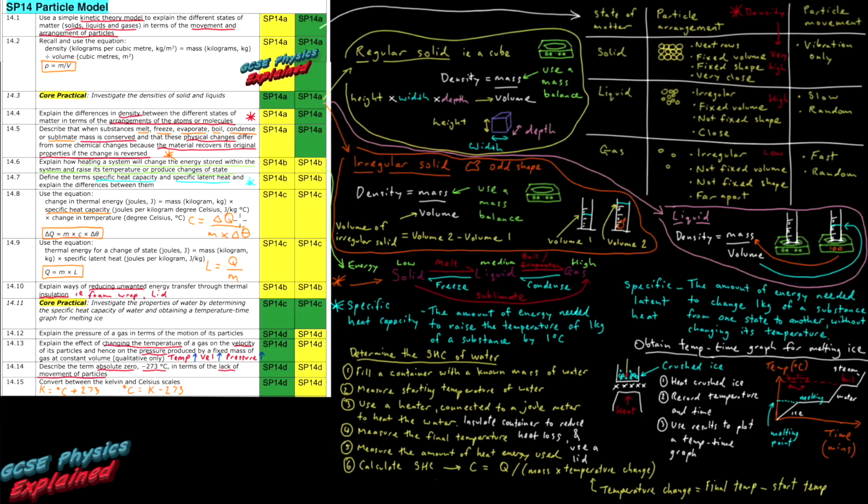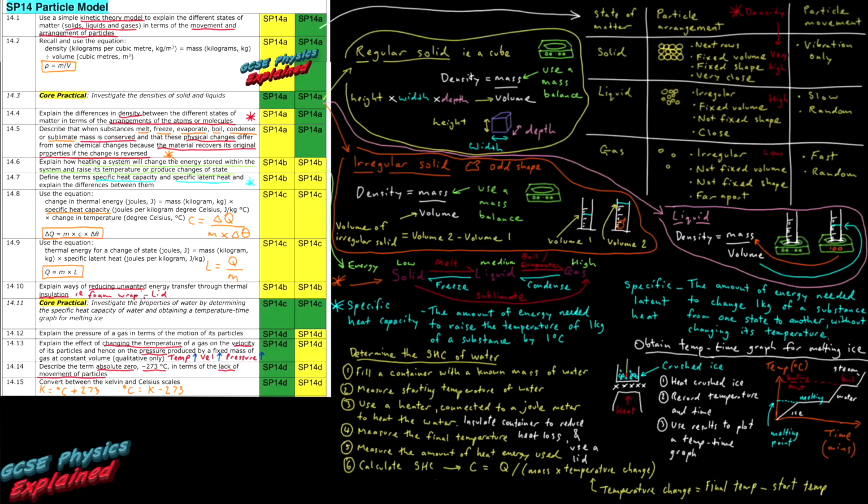So if you know how much energy you're putting into a liquid or a solid, and you know the mass of the liquid or solid and how much it's changed its temperature by, then you'll be able to work out what the specific heat capacity of the solid or the liquid is. Use the equation Q equals M times by L. So that's the amount of thermal energy needed for a change of state. And that's the mass times by the specific latent heat.